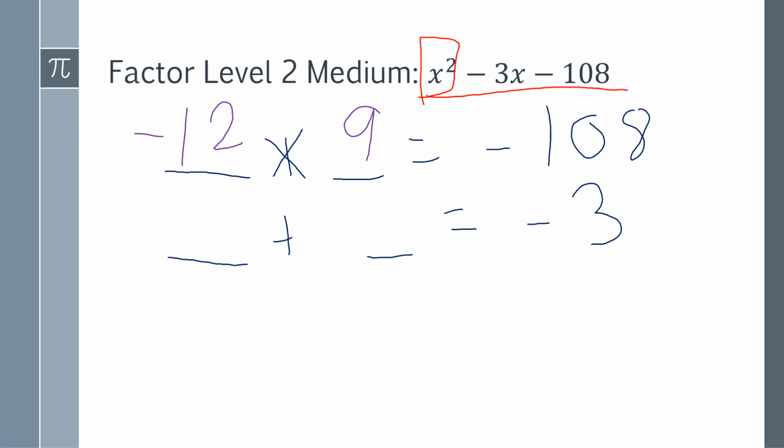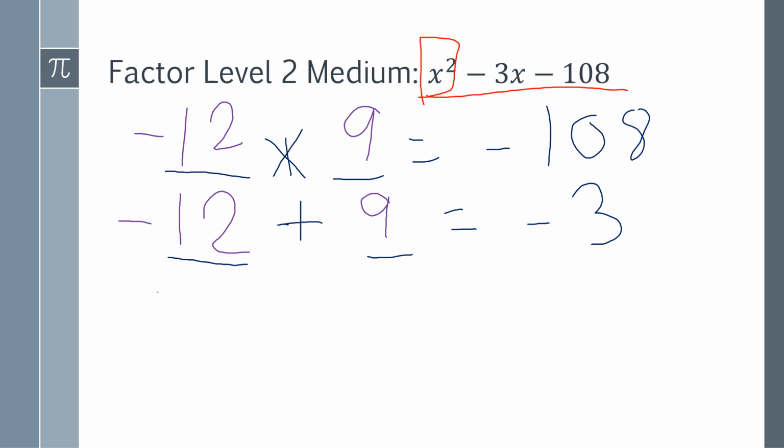So I know that negative 12 times 9 is negative 108. Okay? So I also know that if I add negative 12, meaning that I owe you 12, plus the $9 I did pay you back, I still owe you $3, which would be negative 3.